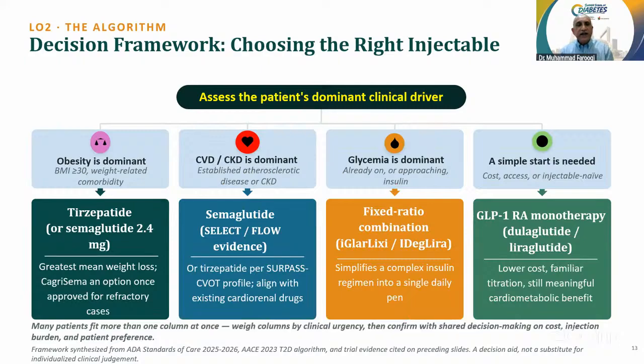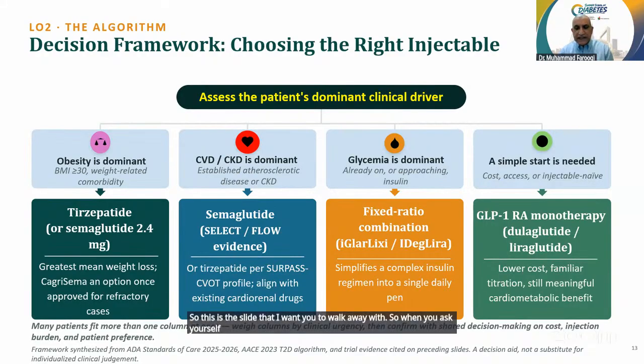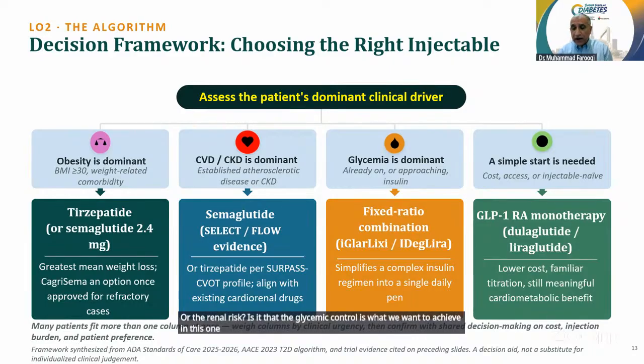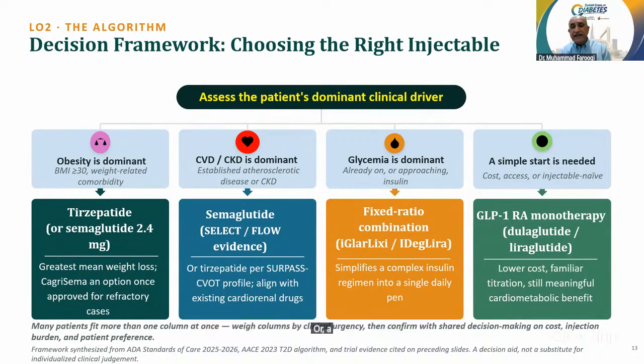So this is the slide that I want you to walk away with. When you ask yourself, what is this patient's single dominant clinical driver? Is it obesity? Is it cardiovascular disease or renal risk? Is it that glycemic control is what we want to achieve in this one? Or is a simple start needed?